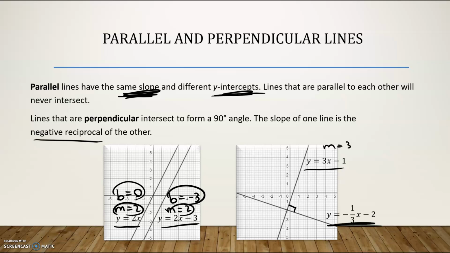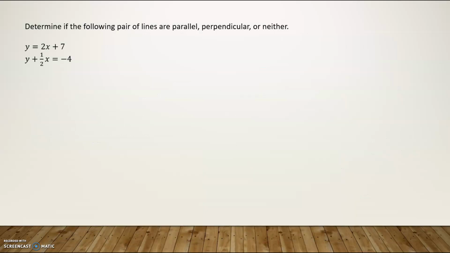This line right here has a slope of -1/3. Notice the 3 is positive and the -1/3 is negative. Basically you take 3 and you flip it, that gives you 1/3. So 1/3 is the reciprocal of 3. You can also test it by doing 3 times -1/3. If that gives you -1, then they're going to be perpendicular lines.